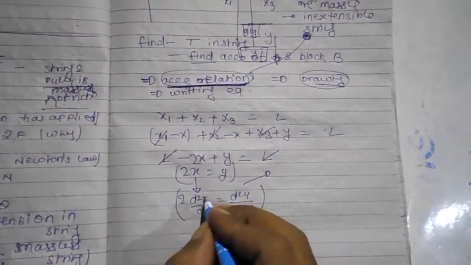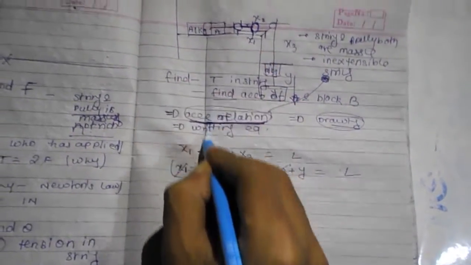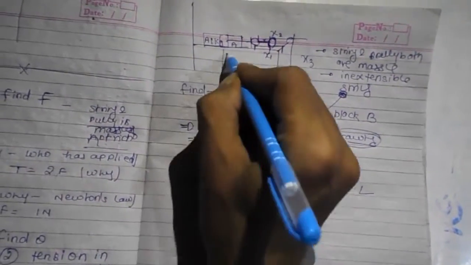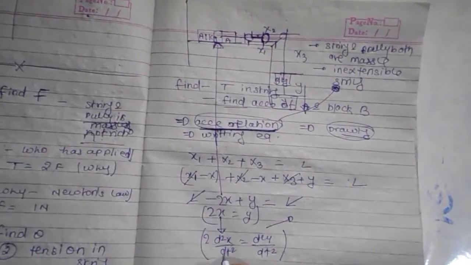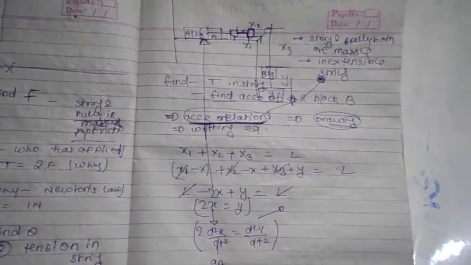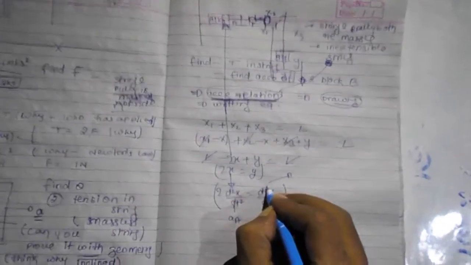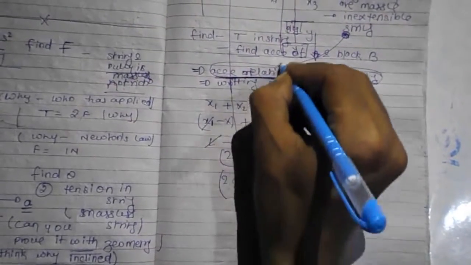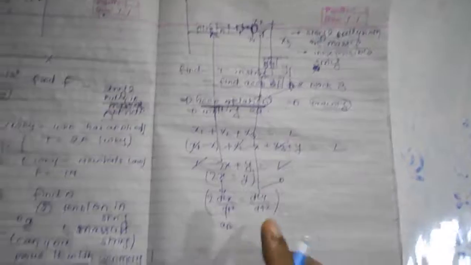And listen, who had traveled x? This block A had traveled. So this is the acceleration of A, and this, if you see carefully, becomes the acceleration of B.